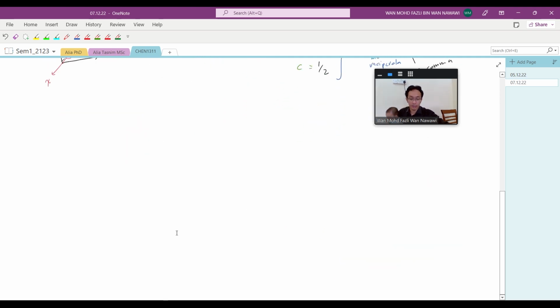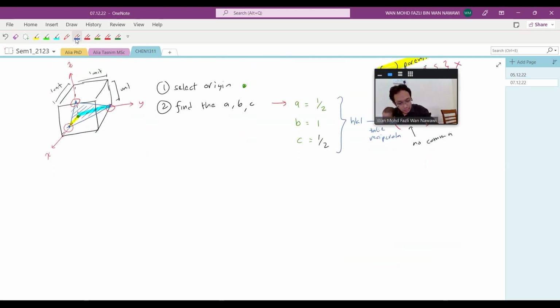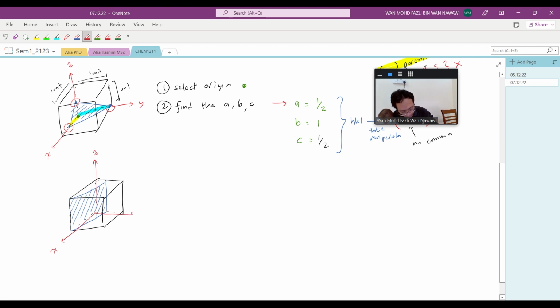For example, let's say you have something like this, and then something like this, and I draw another like this, and another like this. Still, this is Z, this is X, and this is Y.